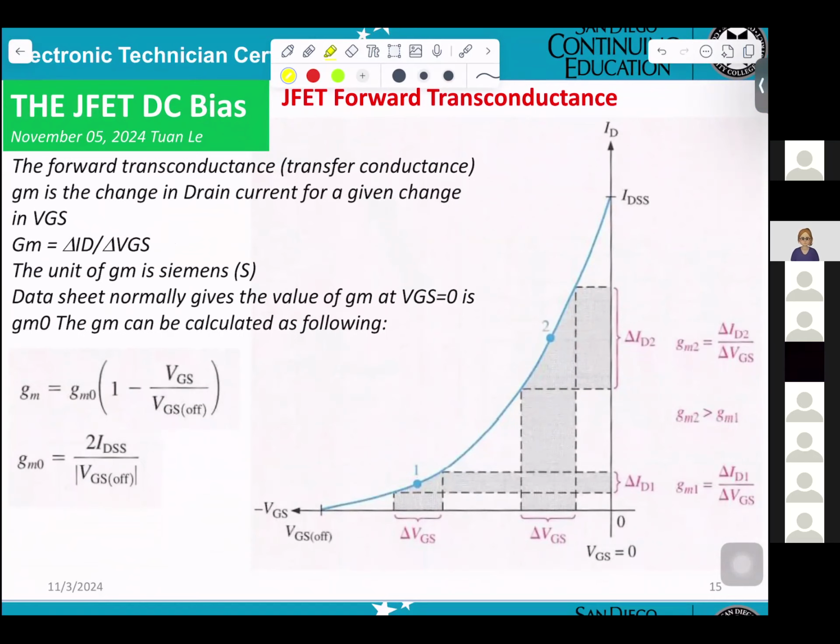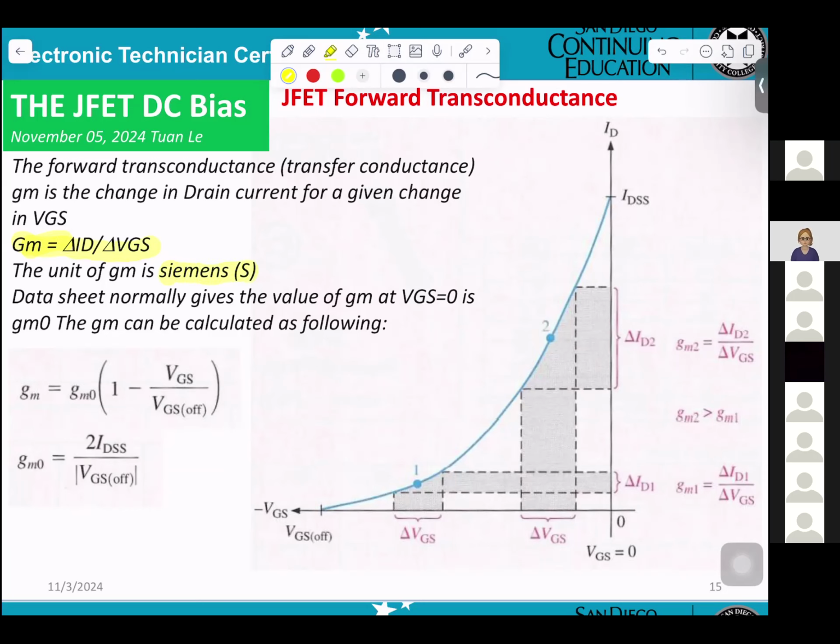Okay, basic definition. GM equal delta ID divided by delta of VGS. The unit of GM is Siemens.